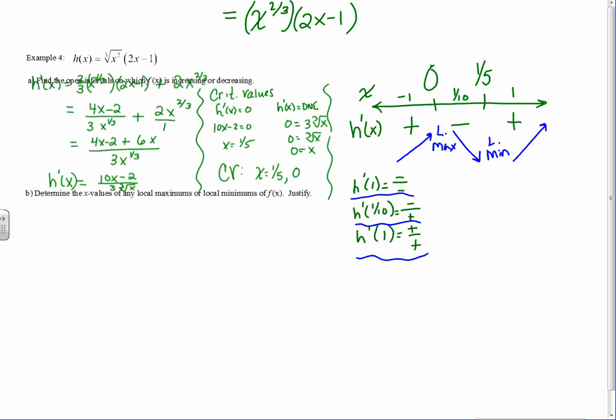So could we talk about areas of increasing and decreasing? Absolutely. I know where my local mins and maxes are. So to write this up, I might just sneak this in. Find the open intervals in which we're increasing. So h of x is increasing on the open intervals -∞ to 0, union that with 1/5 to infinity.